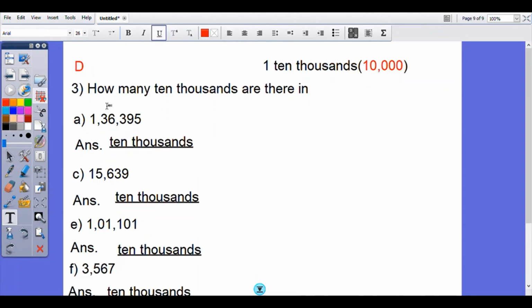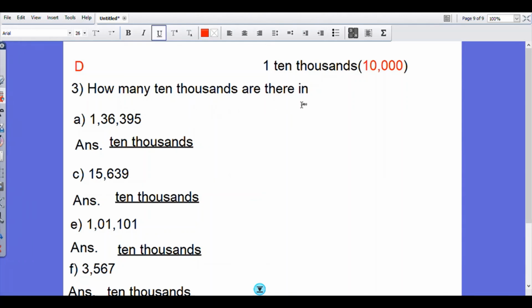Now next, how many 10,000s are there in the number? Now see, in 10,000 there are 4 zeros. So leave the 4 zeros starting from the right-hand side: 1, 2, 3, 4. So the remaining number is 13. So there are 13 ten-thousands in this number.